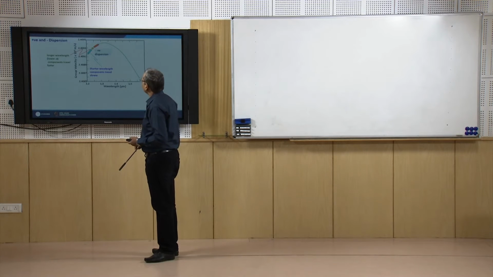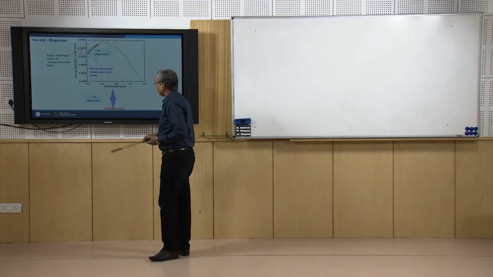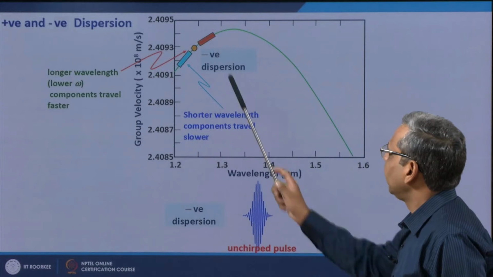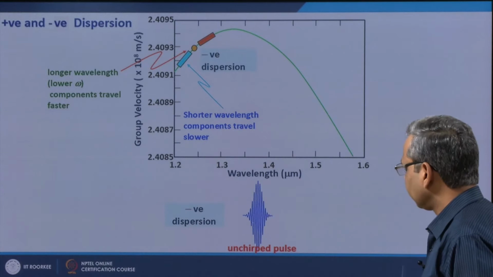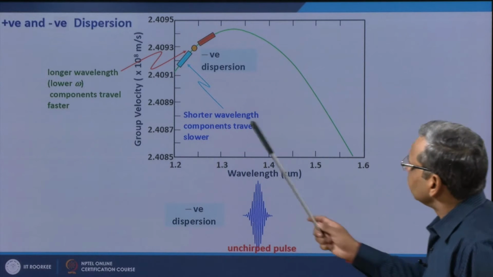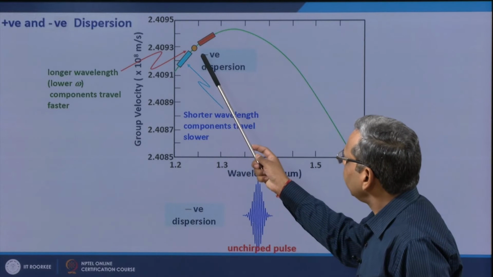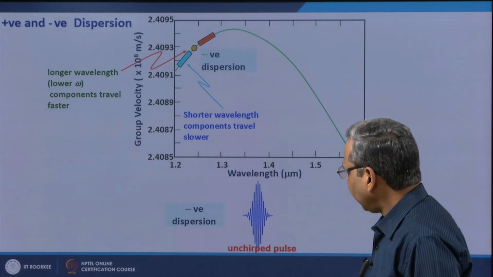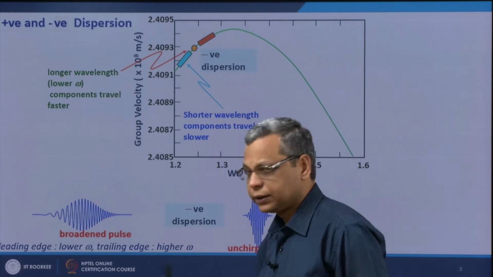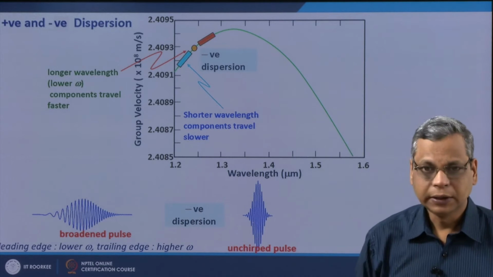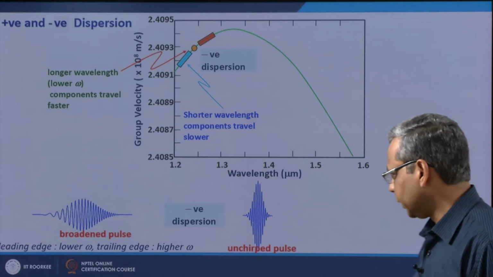So, if I launch an unchirped pulse at this center wavelength, the fiber at this wavelength gives you negative dispersion and the pulse broadens, because the shorter wavelength components travel slower than longer wavelength components.